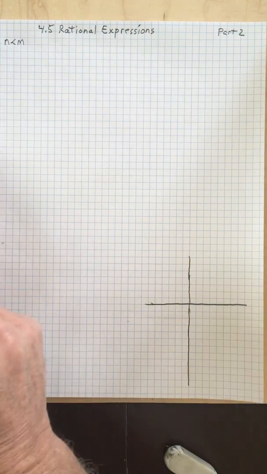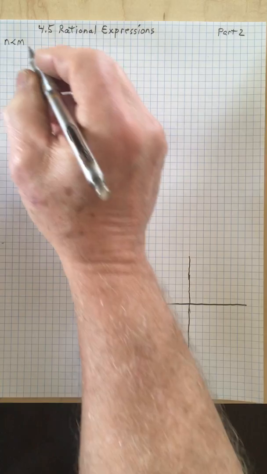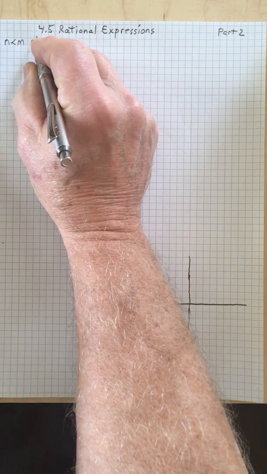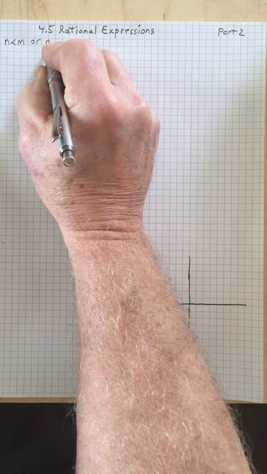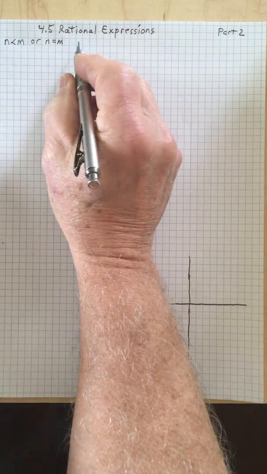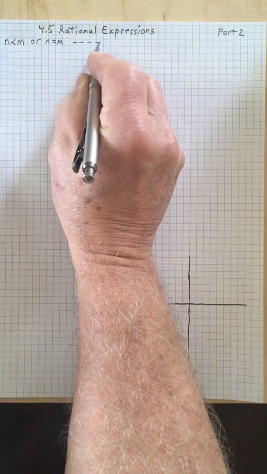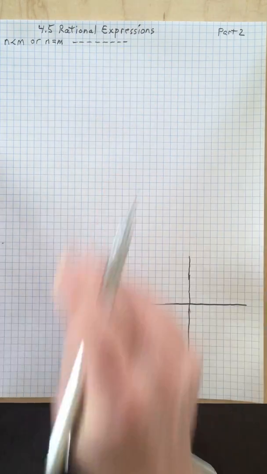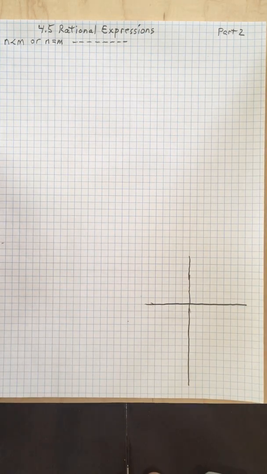We looked at when it was less than, or when they were equal, you wound up with a horizontal asymptote. So it would be some sort of a horizontal line.